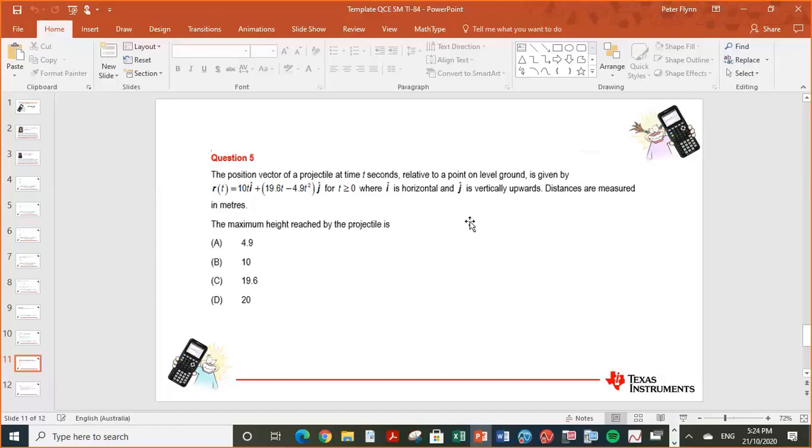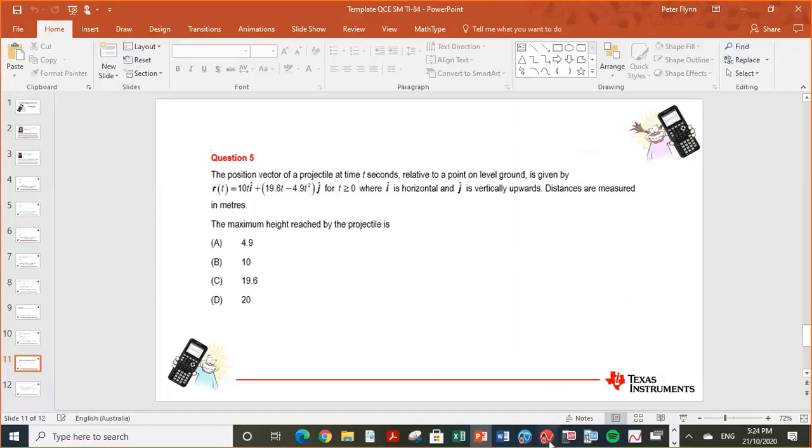Then the idea would be to substitute t equals 2 back into that part of the position vector to work out what the maximum height is. If the question is a difficult equation to solve, you can also exploit the technology.